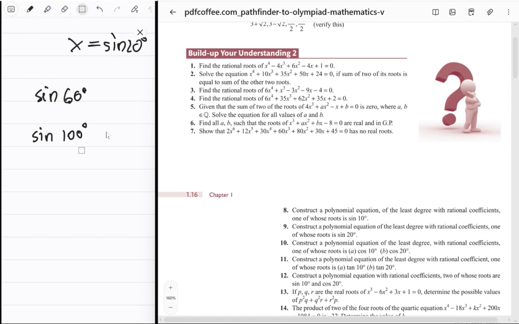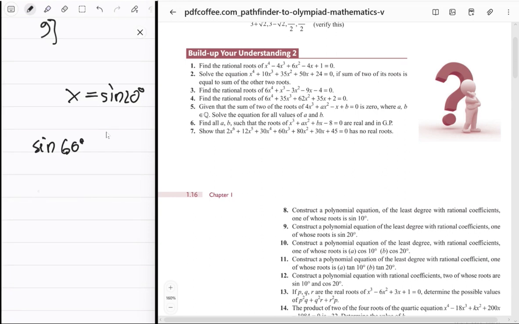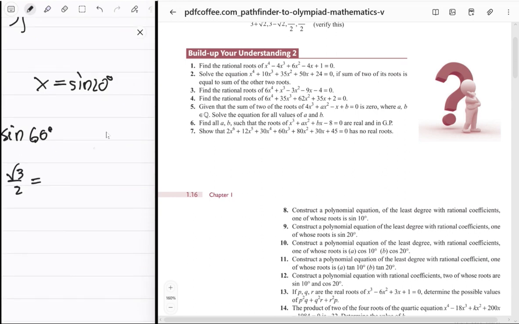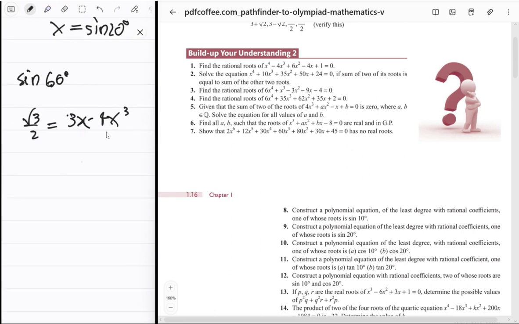Sine of 100 degrees could be represented as sine of 180 minus... okay, no, just skip all that. I don't think that's a good idea. Okay, so sine 60 degrees, that's root 3 upon 2, that can be represented using 3x minus 4x cubed, right? So it at least satisfies this equation: 8x cubed minus 6x plus square root 3 is equal to 0.